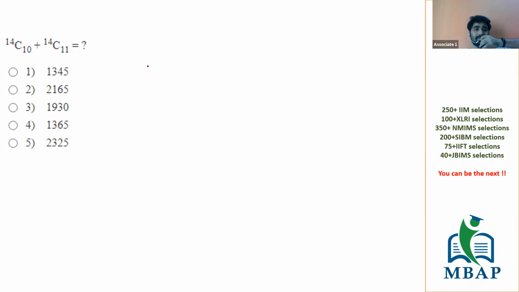I told you that nCr can be written as nC(n minus r), and you guys might also be knowing. So 14C10 can be written as 14C4, and 14C11 can be written as 14C3, because 14 minus 11 is 3.